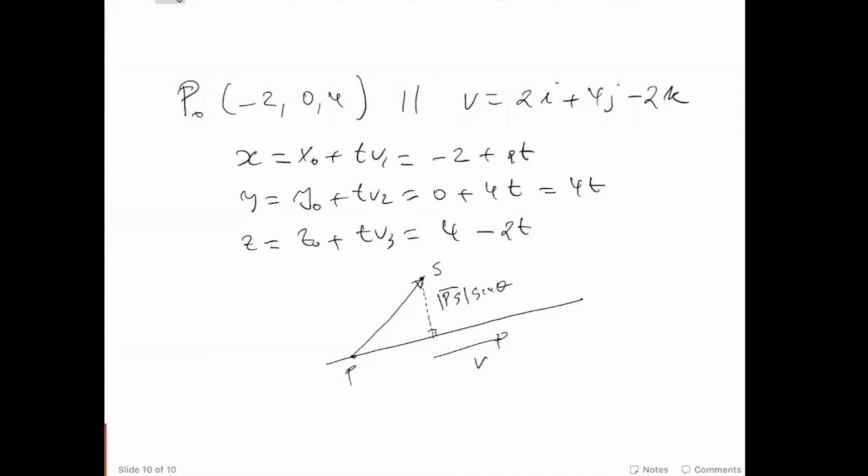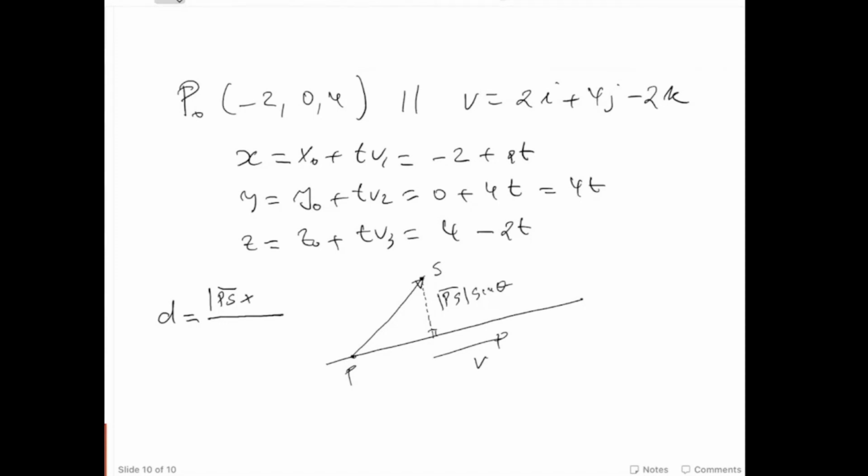What you have to remember is that there is not much demonstration for this formula: you can compute the distance between a point and a line by taking one point on the line and looking at the vector to the point that is outside the line.